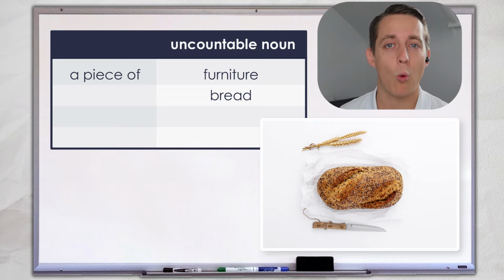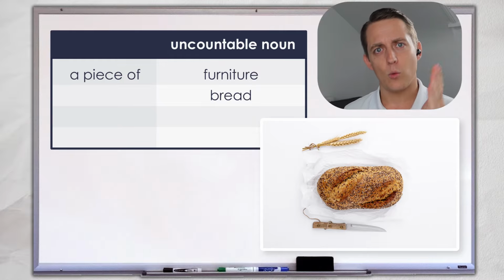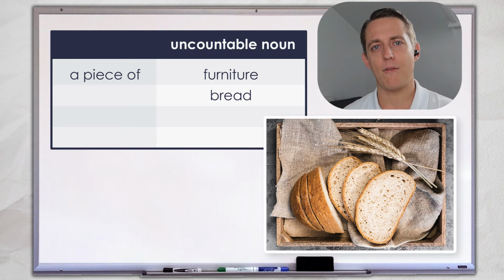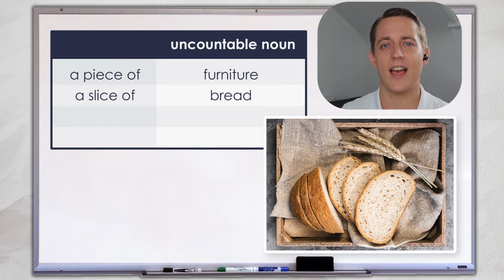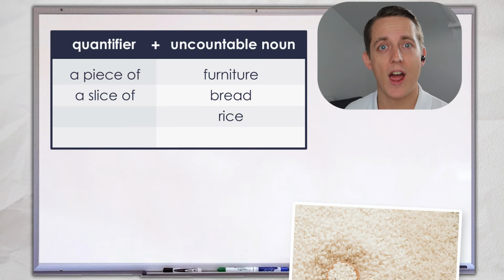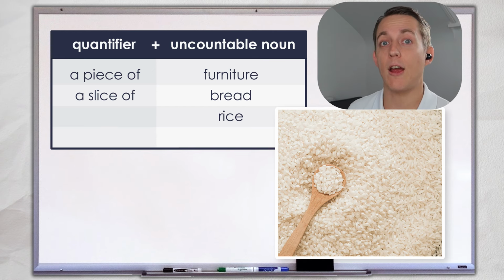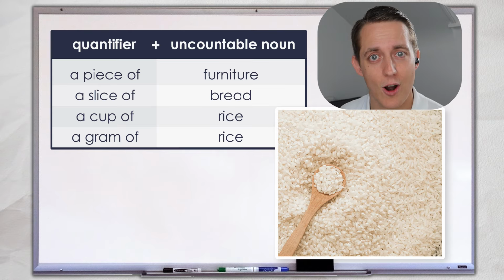You cannot have one bread, two breads, because bread is uncountable. Instead, we cut that bread, don't we? And then we have one slice of bread, two slices of bread. This is called quantifying. When we have an uncountable noun, something we can't count, we can find a way to count it. Like rice. You cannot really count rice, but we can count cups of rice, grams of rice, and so on.